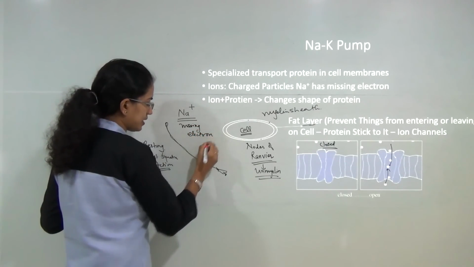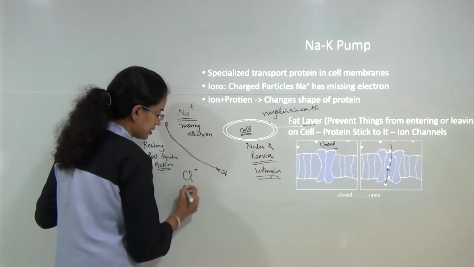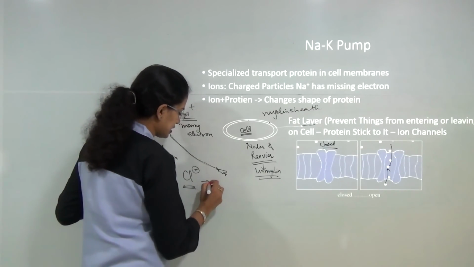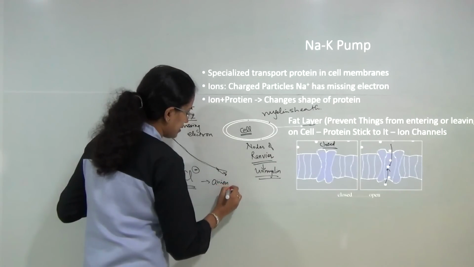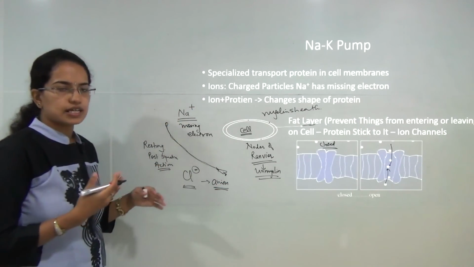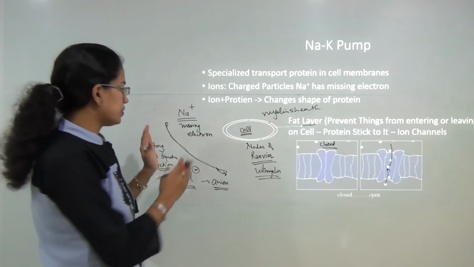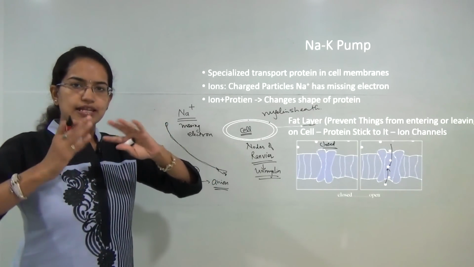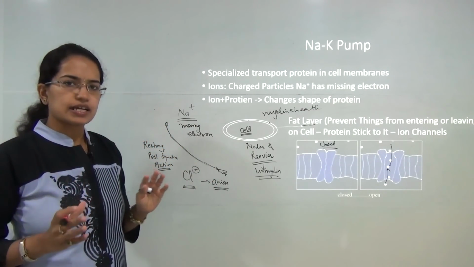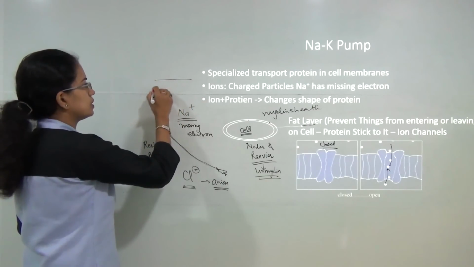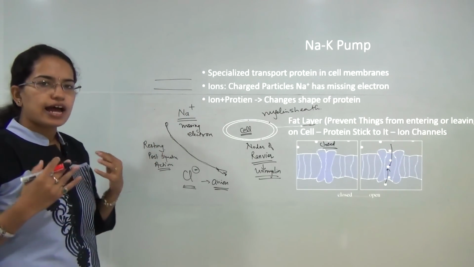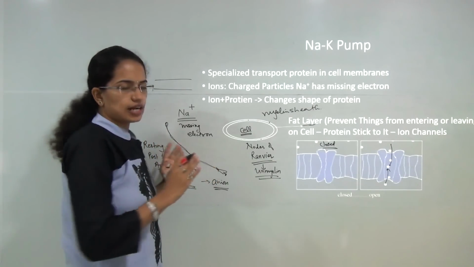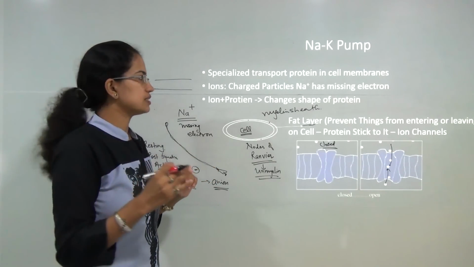On the other hand, you have chloride, Cl minus, and this minus indicates that it is an anion and it has a kind of extra electron. So you have both positive and negative ions, and the balance between the positive and negative ions within the nerve is important, and that balance maintains the impulse that travels through the nervous system.